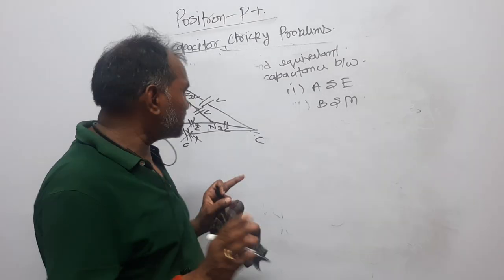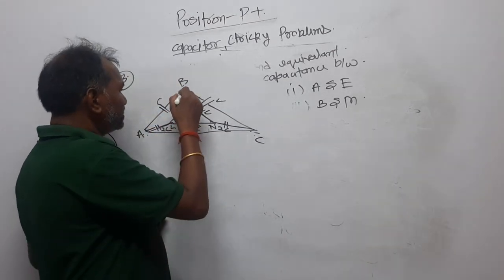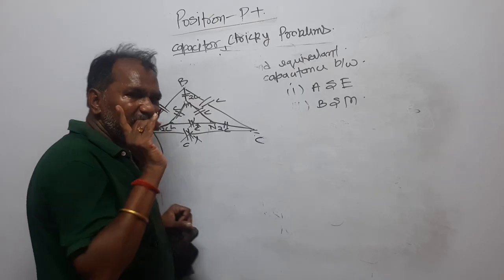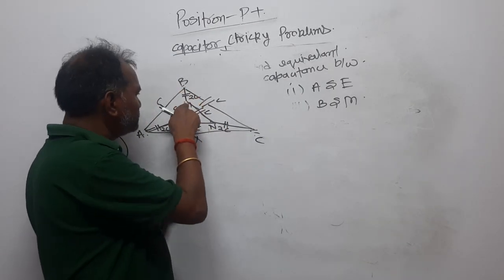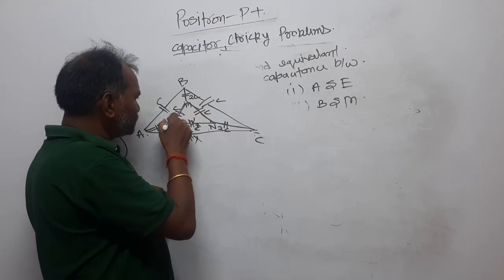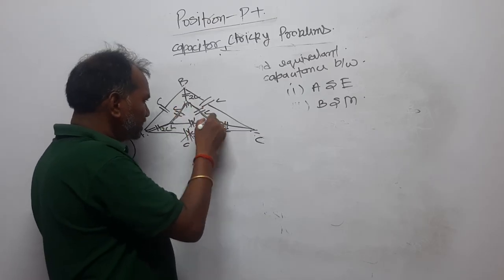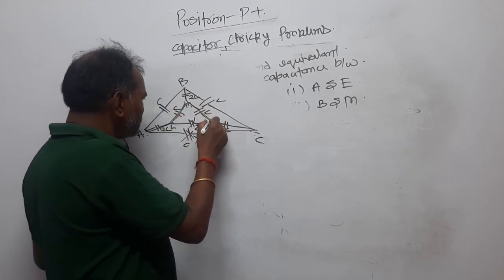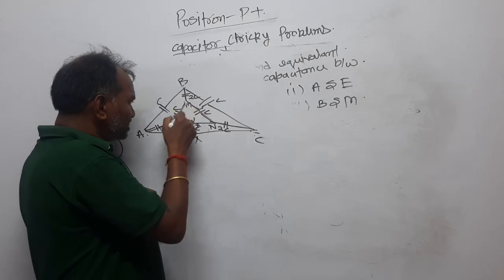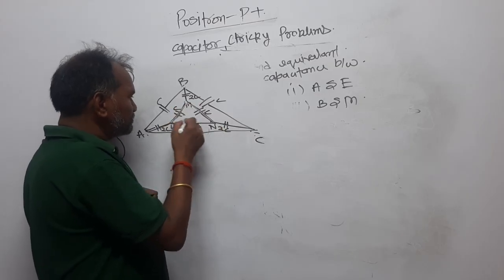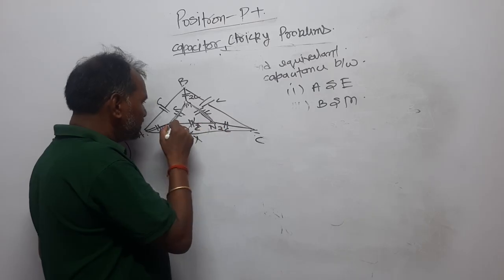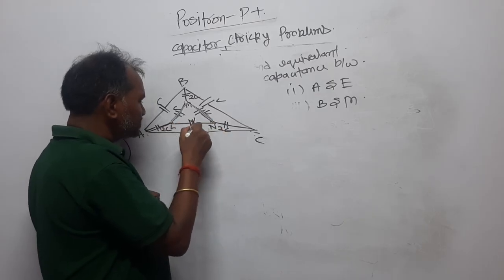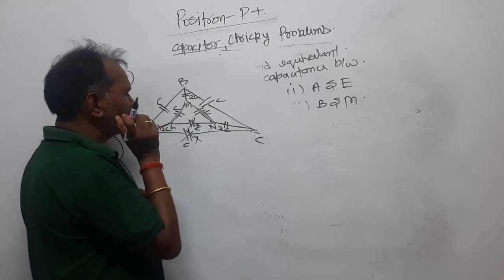Again, dear student, try to understand that if you find the equivalent capacitance of the given circuit between the two terminals B and M, the charge flow begins from M in this way, comes here. Now look here, this charge passes in the same manner. It passes through C, again passes through C, comes here. Between these two there is a capacitor C. It means it is a common potential point.